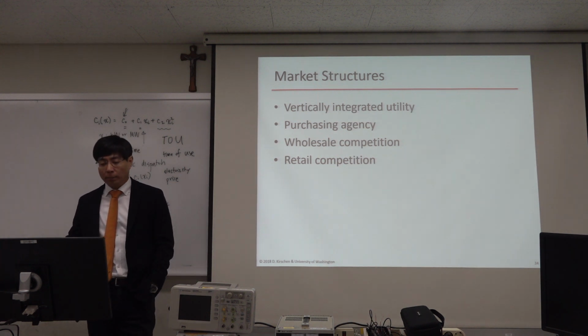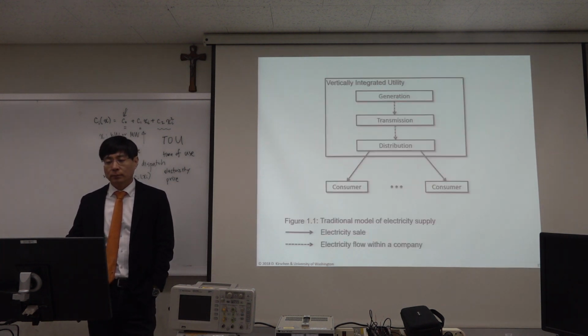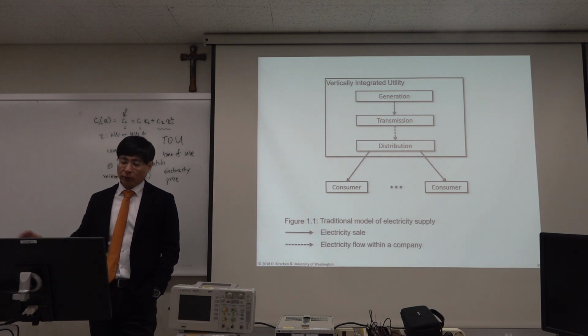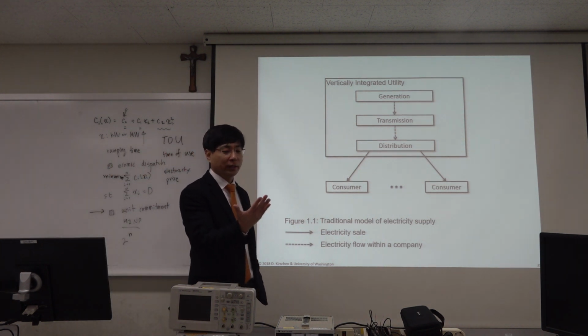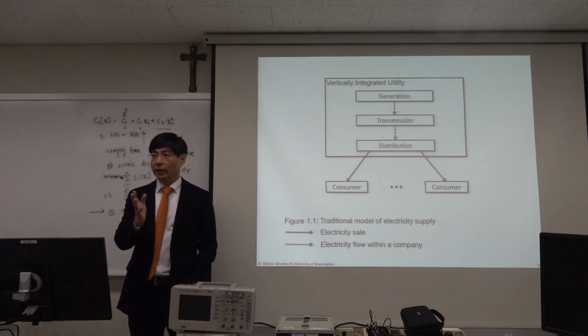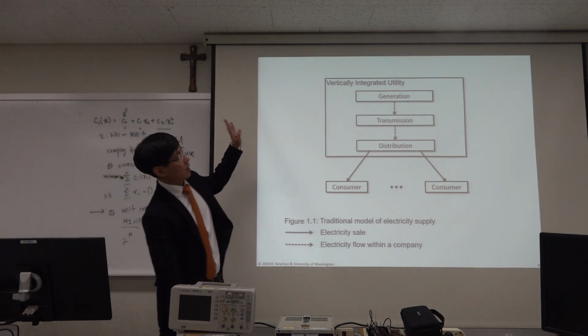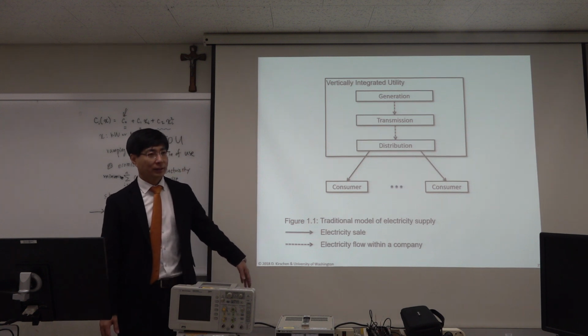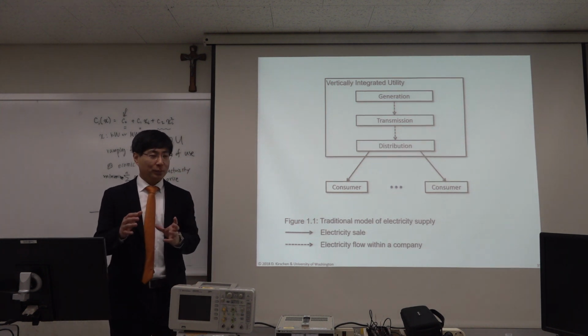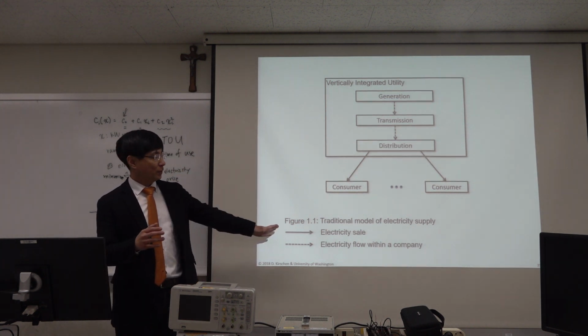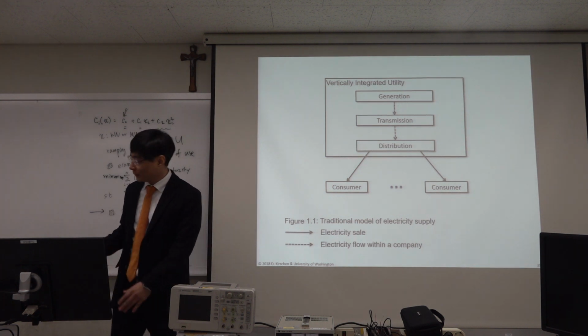So let's go one by one. This is the figure you will see in your textbook, maybe at page 3. So far, a lot of explanations, a lot of slides are not in your textbook. This is page 3 in your textbook.